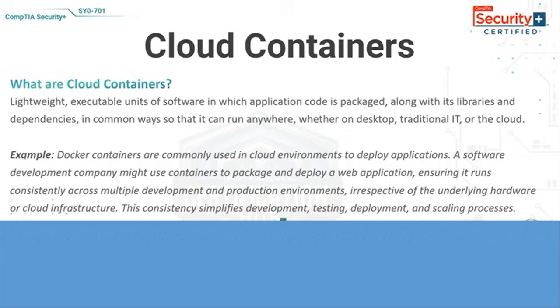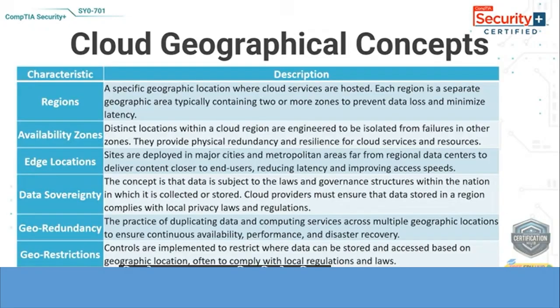Now, we need to understand the cloud geographical concept. What is the cloud geographical concept? In simple terms, you can say that cloud resources are hosted in a region and availability zone. Distributed data centers ensure the fault tolerance and low latency.